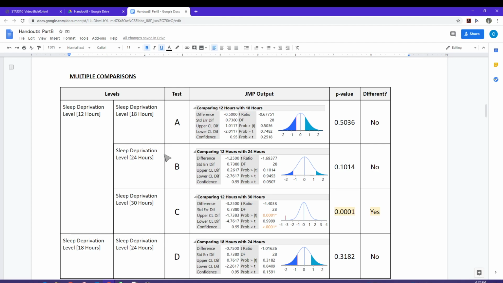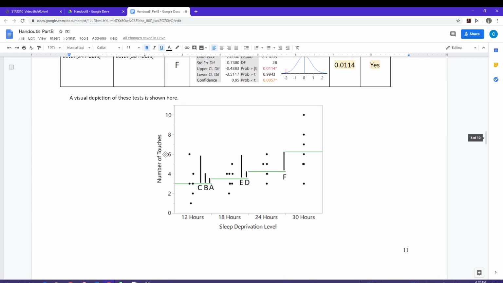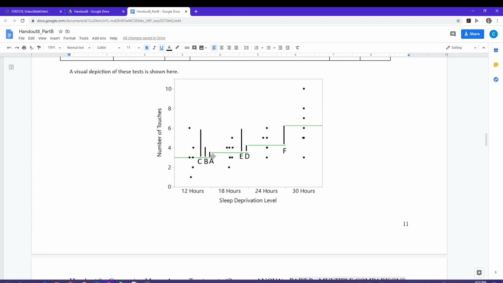That's 12 to 18. If we want to think about those visually, what that's doing is just looking at, do I have a significant difference between the average at 12 against the average of 18? So that difference that I'm seeing there, is that significant? In other words, is that going to stay away from 0? If I were to do repeated sampling, is that difference going to stay away from 0?